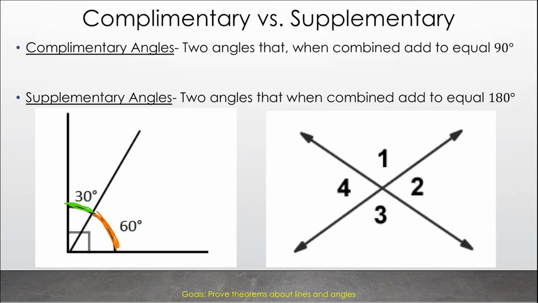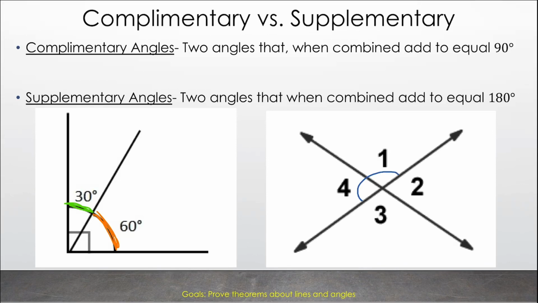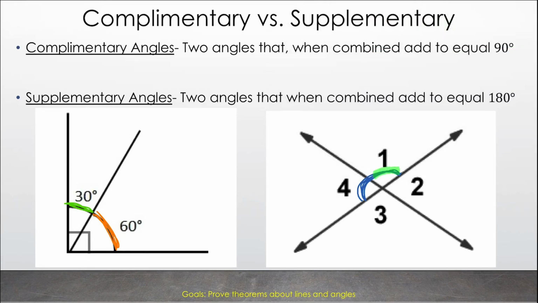The next is supplementary, which means two angles that are combined add to equal 180. As we talked about earlier, we know that a straight line is 180 degrees. So this part plus this part has to equal 180, whatever that is.